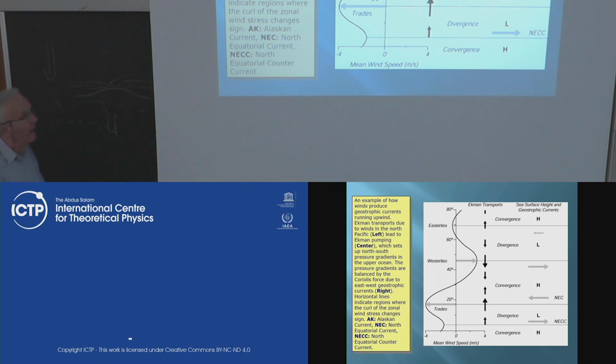Similarly, opposite to this, when we have divergence, we'll have a valley in the surface. If you have a divergence, the sea surface will be looking like this, and the interfaces will be looking like this.